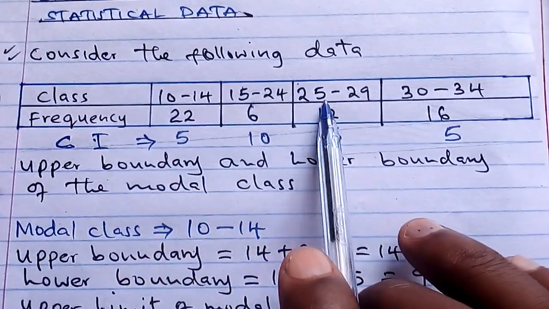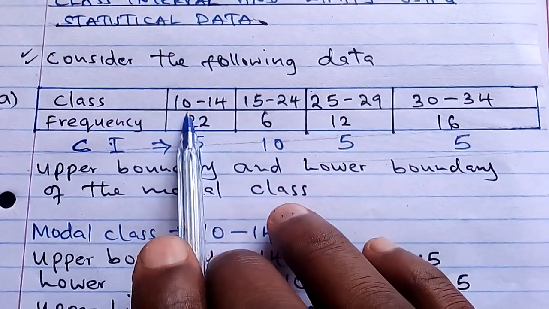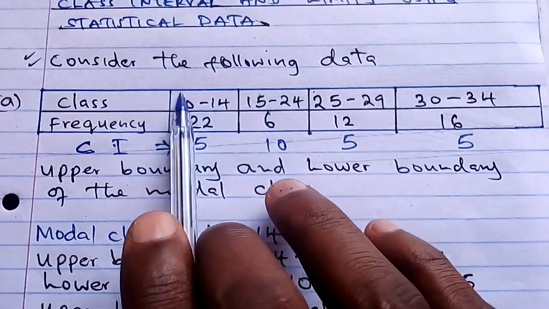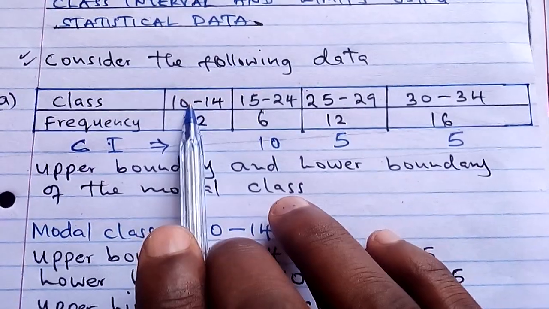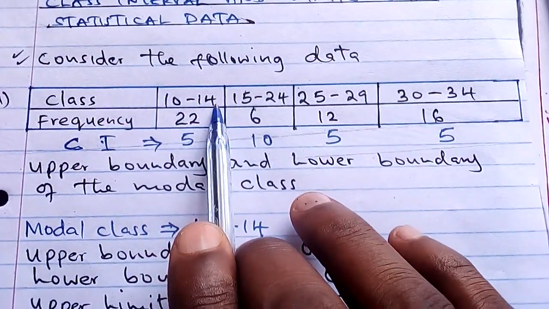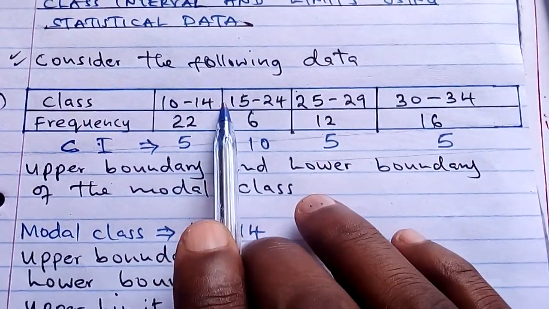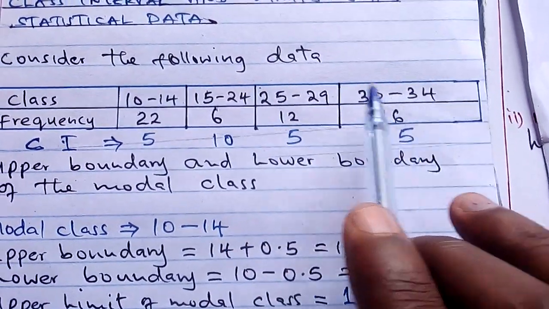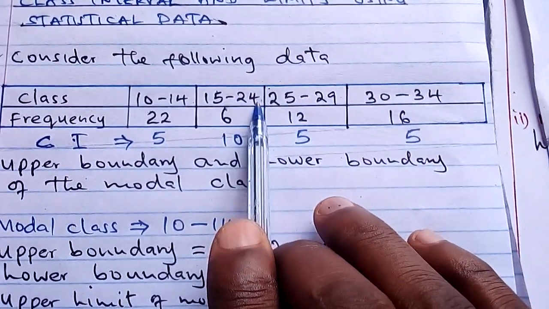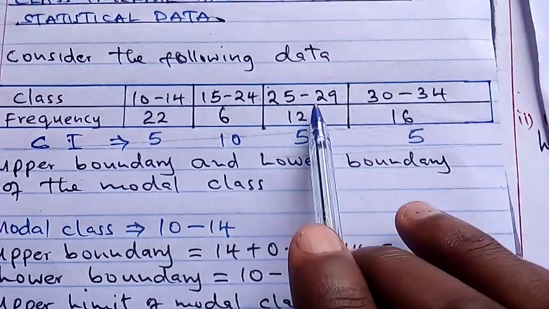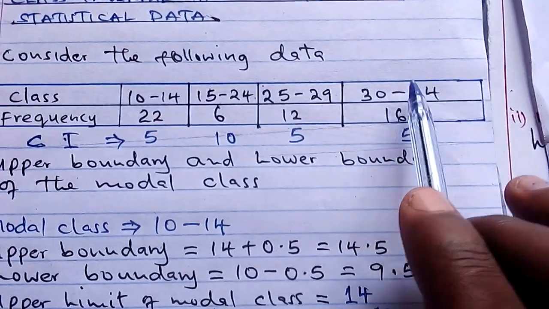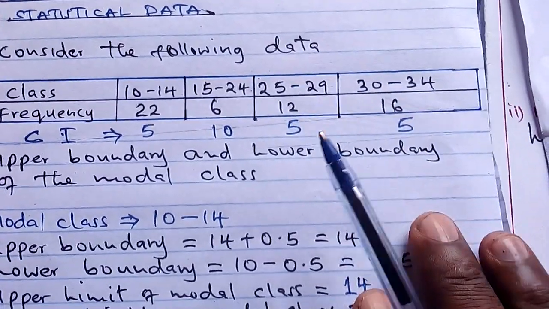As you can see, if you look at the lower boundary here, it is 9.5, upper boundary is 14.5, as you go up to the last one. Here we have the upper boundary is 24.5, meaning it is inclusive. Here we have 29.5 inclusive, 34.5 inclusive.